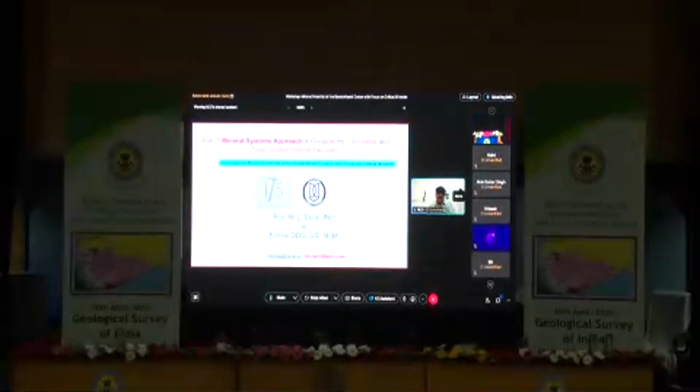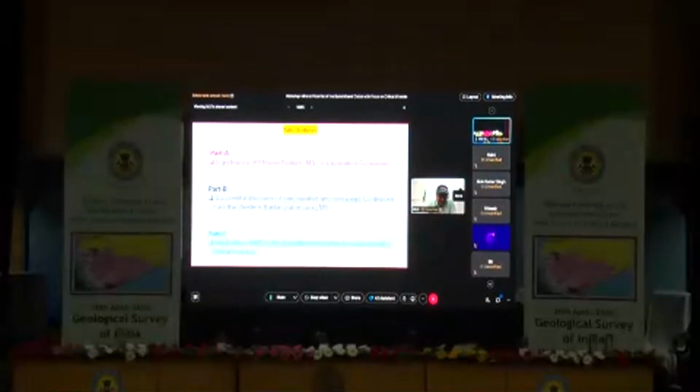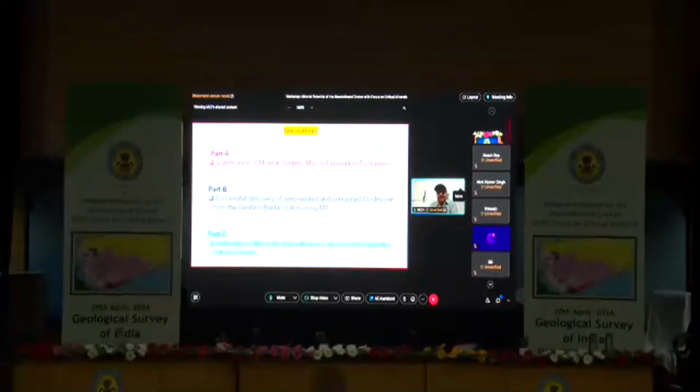During this talk, I will deal in three parts. One is the mineral system approach, why it is important, and the successful discovery of deep-seated deposits in a Western Craton, similar type of these massive quartz veins, giant quartz veins, what we are seeing in Bundelkhand. The third part, how this mineral system approach can help in Bundelkhand Craton.